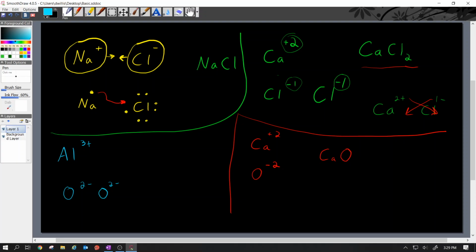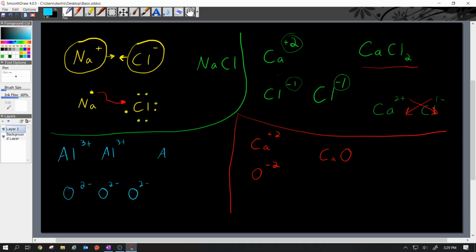Aluminum's like, nah, only 3. So let's bring along another aluminum. Well, great. Now we're up to 1, 2, 3, 4, and then we've got 2 more. Oh, I think I see a solution. That's crazy. I know. Crazy times, my friend. And again, 6 donations, 6 acceptance.